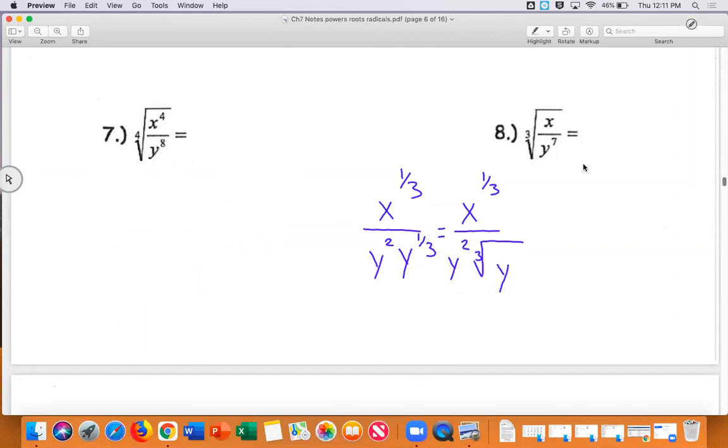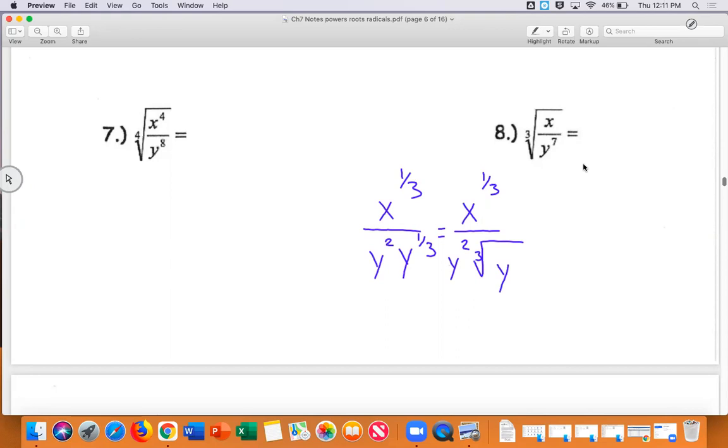But this is tricky. We have a cube root in the denominator, so what do I have to multiply there to make it go away? Leah, this is why this can be tricky. This is what you wrote, right? And you can see we have a radical in the denominator.